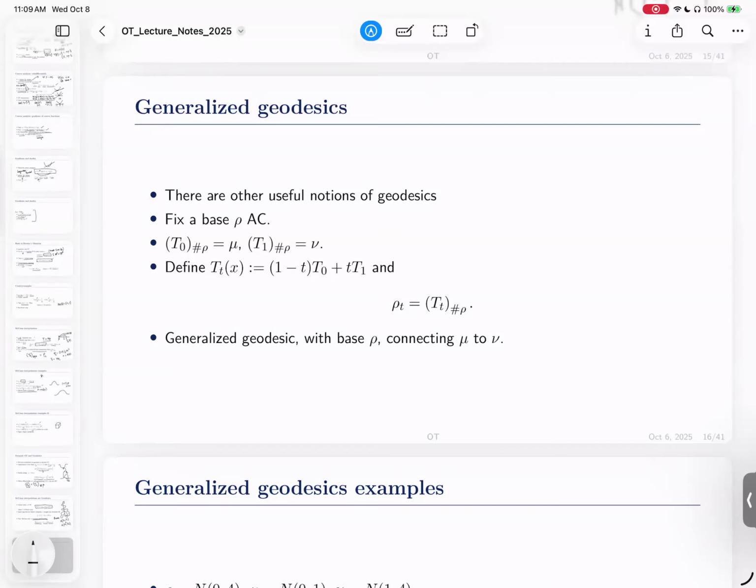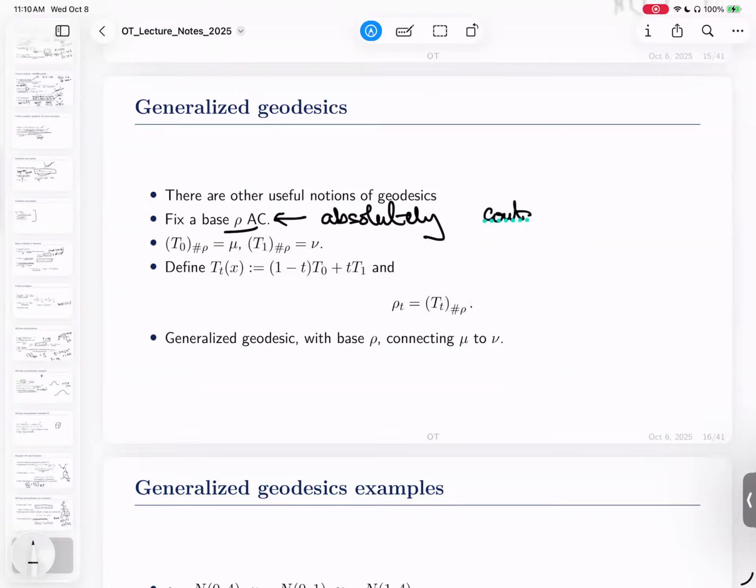Now, these generalized geodesics are not geodesics. They depend on a certain base measure, which I'm going to fix, rho. So rho is a probability measure which is AC, which means that it is absolutely continuous, so it admits a density.